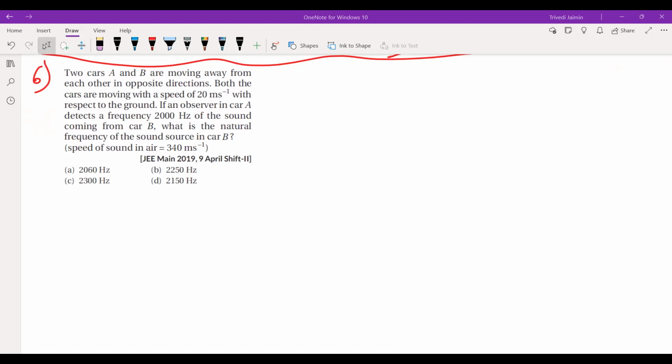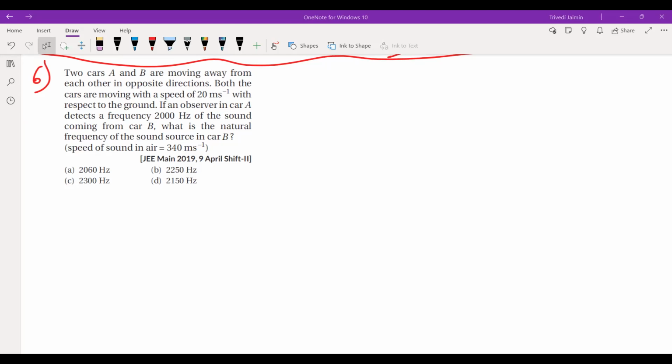What is Doppler effect? Yes, guys. What is Doppler's effect? Do you know, or shall I explain?